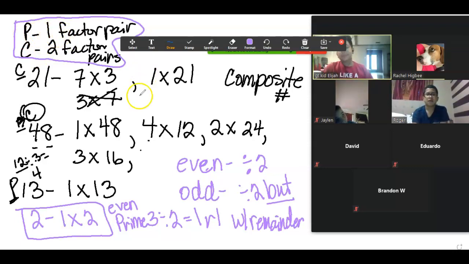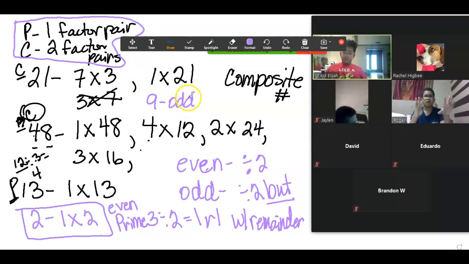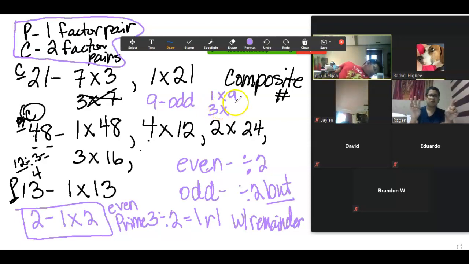Think about the number 9. 9 is odd, right? If I tried to divide that by 2, I would have a remainder, so that's an odd number. Yes, absolutely. So the thing about that is for 9, 1 times 9 is a factor pair, but also 3 times 3 is a factor pair, right?